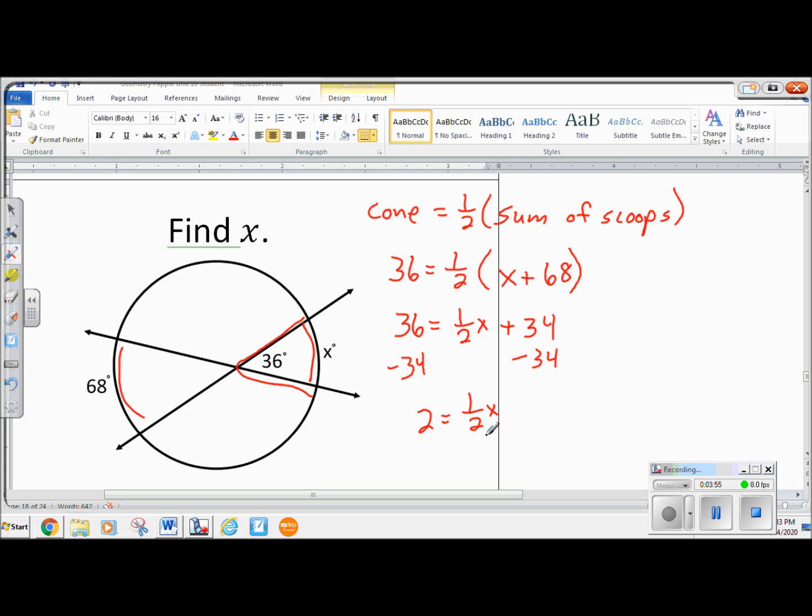Since we have 1/2 x, we would have to multiply both sides by 2 to get all of x. So x equals 4.